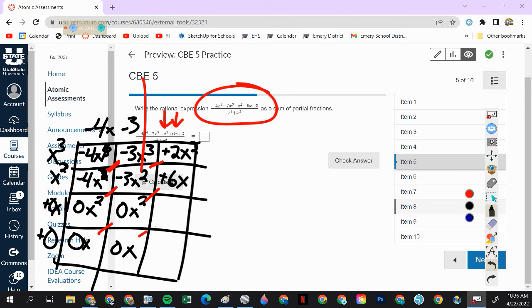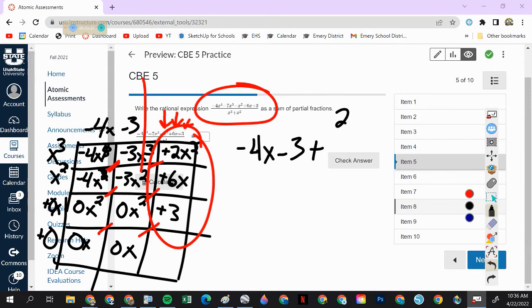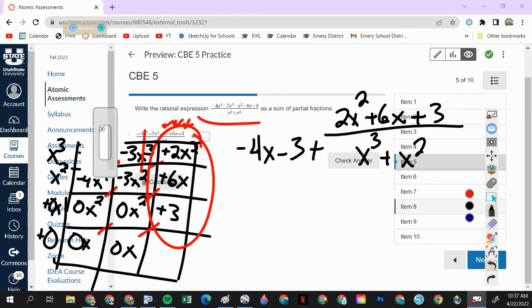And then these two must add up to 3, so plus 3. So my mixed number is negative 4x minus 3 plus, this is my remainder, 2x squared plus 6x plus 3 over x to the third plus x squared.